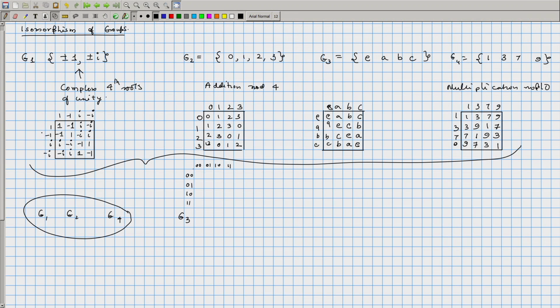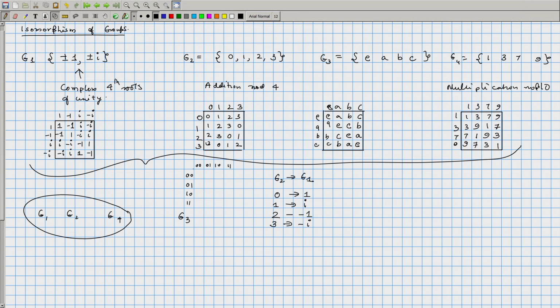So, here 0 should be mapped to 1. Okay. So, 0 we will map to 1, and 1 we will map to i, 2 we will map to minus 1, and 3 we will map to minus i. If you do this mapping, you can verify that this is an isomorphism from G2 to G1. Okay.